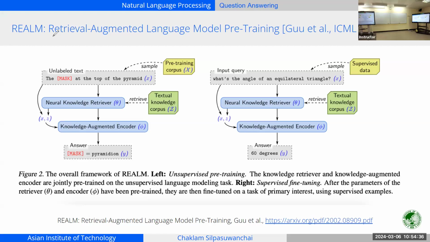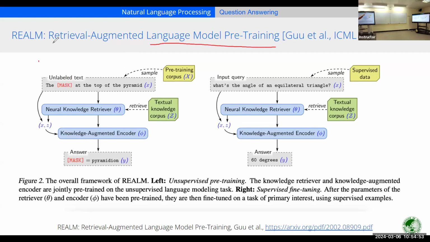And I guess this is a very good question to ask. The first paper that is very relevant is called Retrieval Augmented Language Model Pre-training.